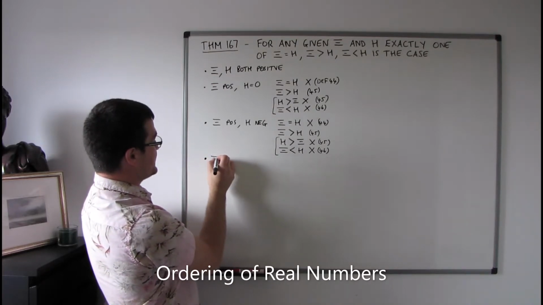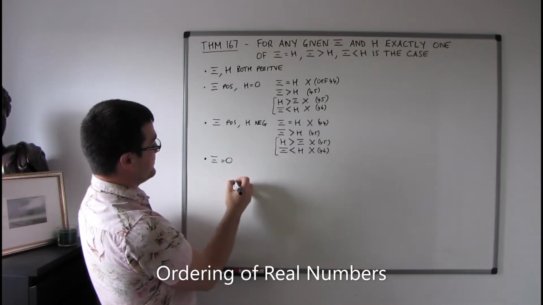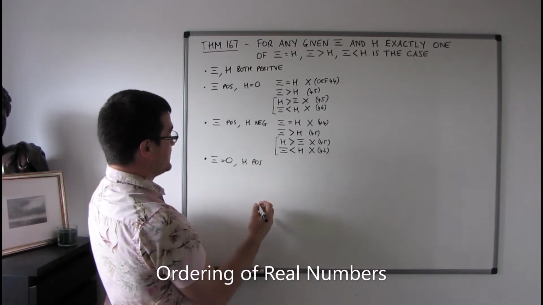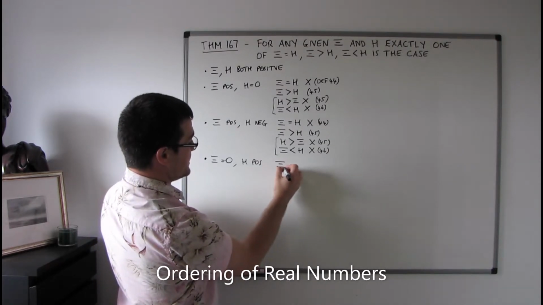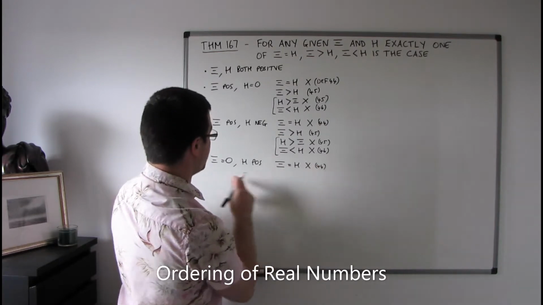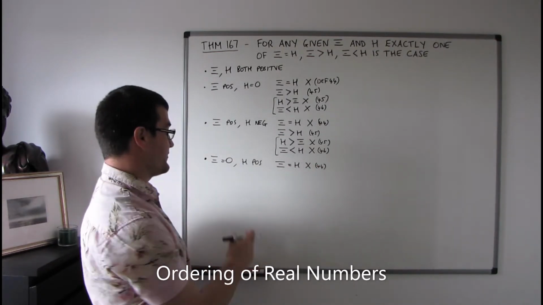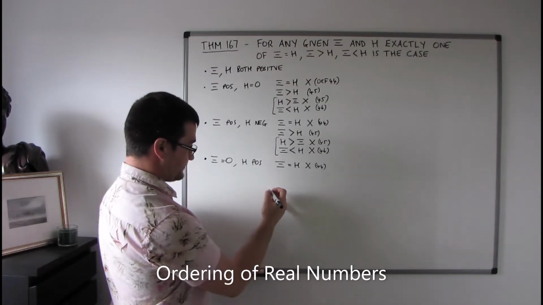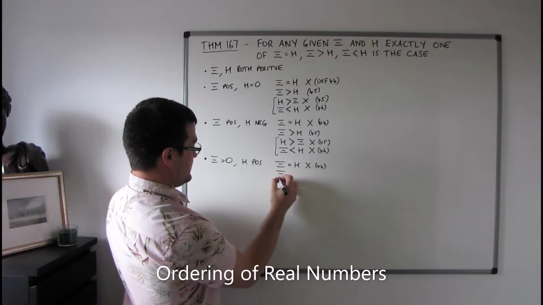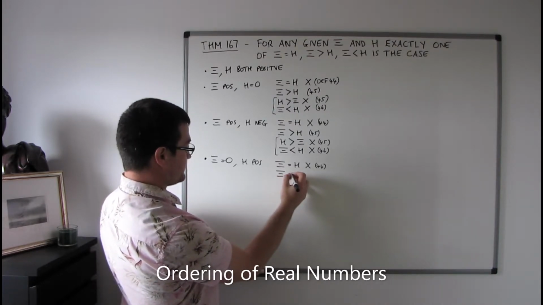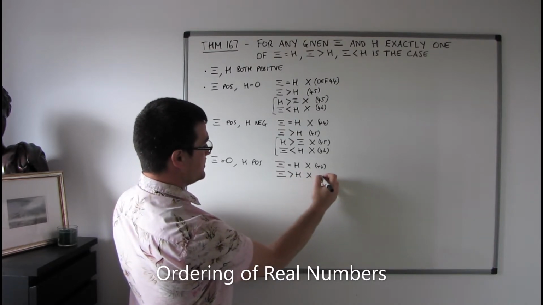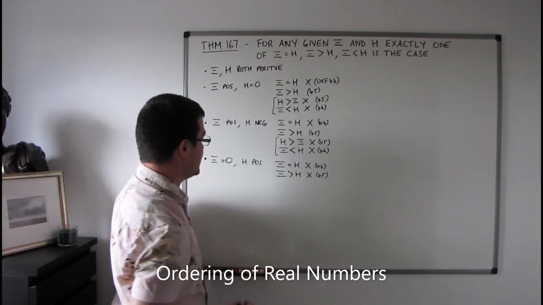Let's have a look now if psi is equal to 0 and eta is positive. So in this case, again, we get that psi equals eta does not hold by definition 44. 0 is a distinct number from any positive number. And we can say that psi greater than eta does not hold by definition 45.